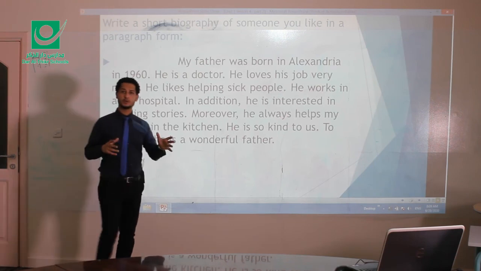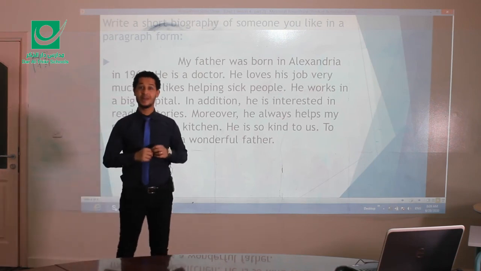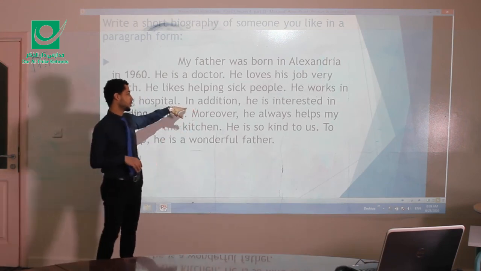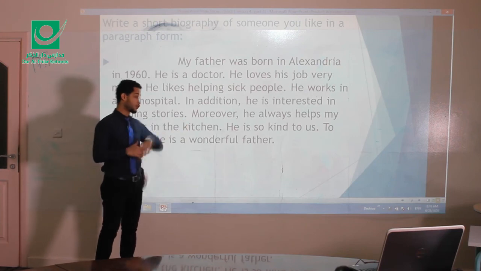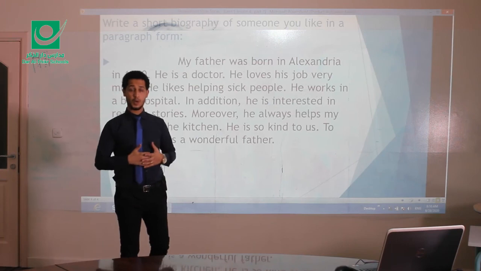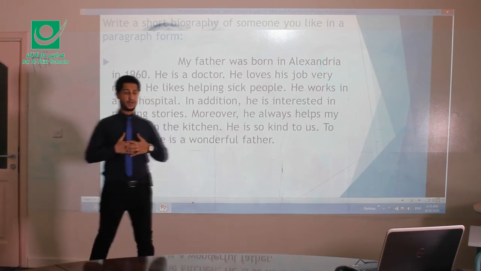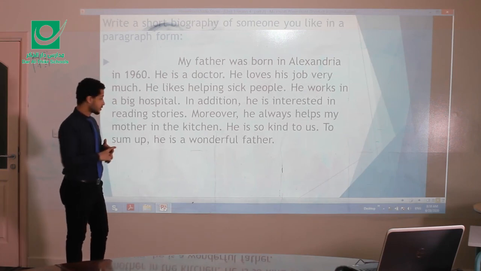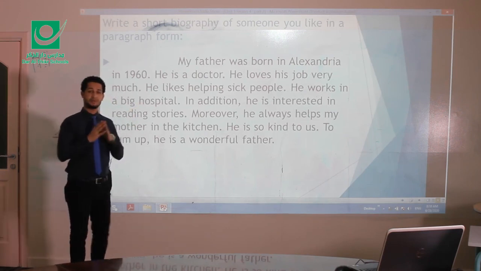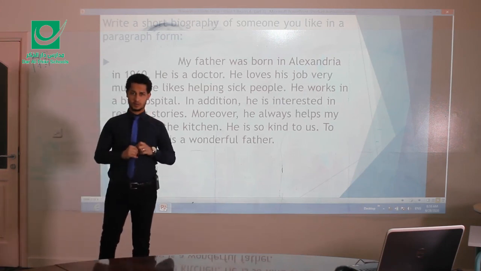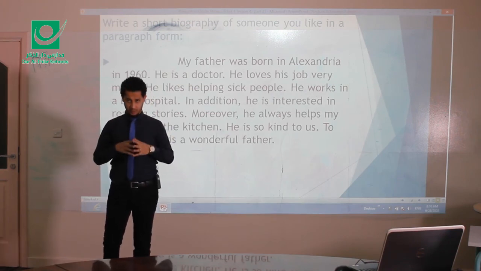In addition, you can use linking words between sentences, like in addition, moreover, and you will have to practice besides, furthermore. This is another advice, okay? One more advice, never forget the full stops, and make sure after you finish that you wrote complete sentences, subject and verb, and then complete if you want, okay?